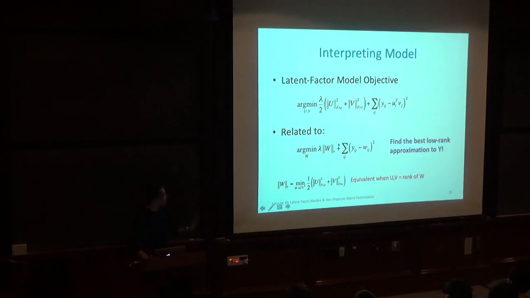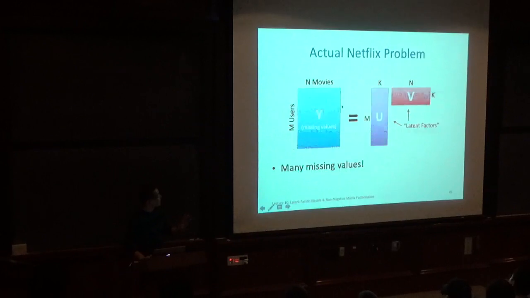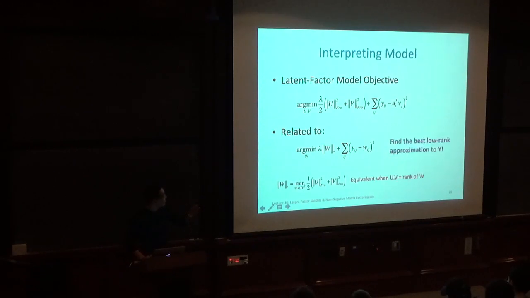these two answers are equivalent when the solution to this has the same rank as the rank you choose for these. So recall that here I choose k up front. Here I'm choosing k up front. And here I don't. The rank of this matrix I don't control in the very beginning.